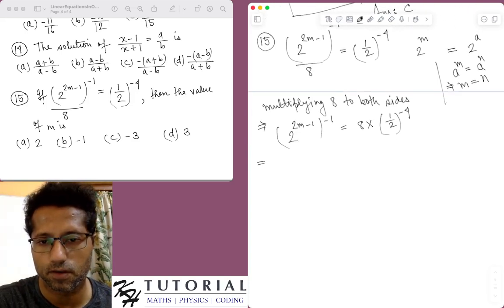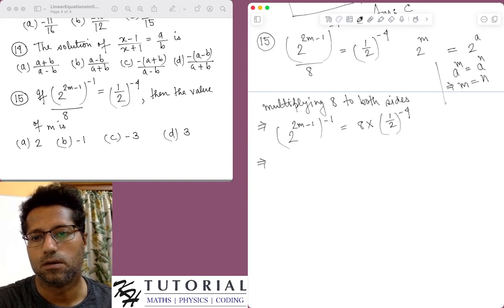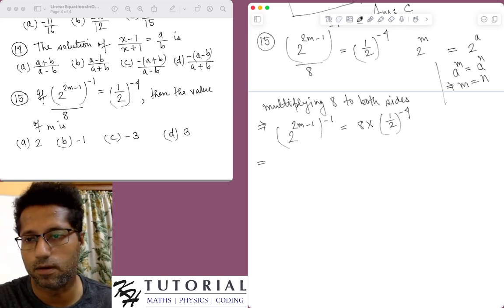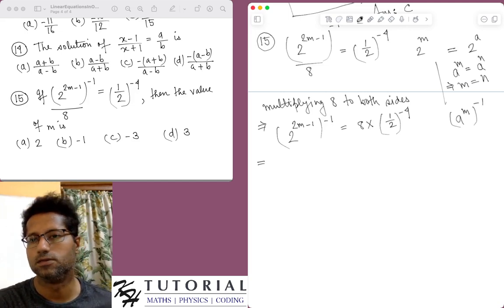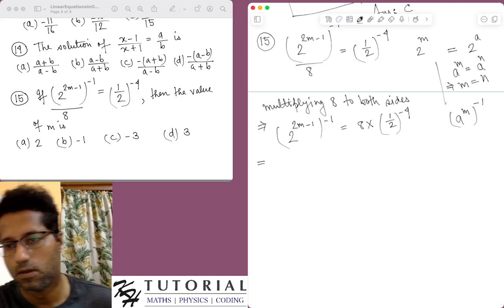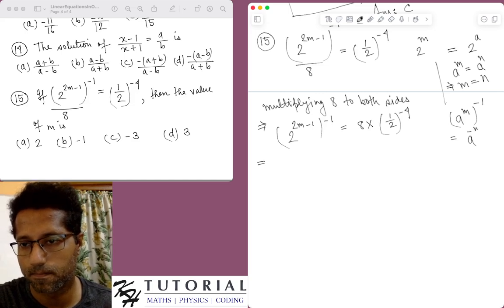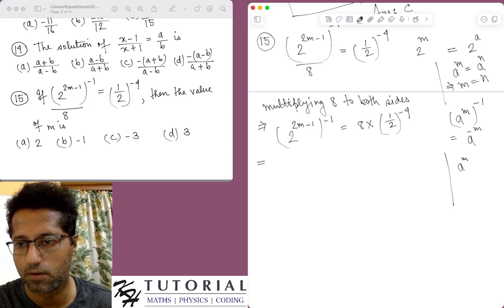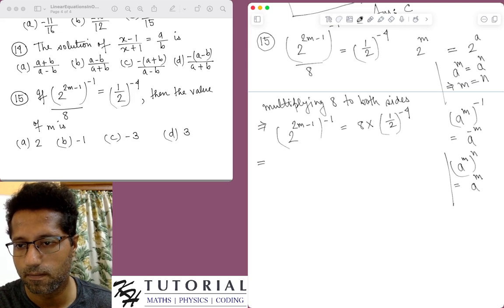Now I know that a to the power m and whole to the power minus 1 is nothing but the reciprocal of 1 by a to the power m, and this equals a to the power minus m, because this comes from the fact that a to the power m and whole to the power n equals, we multiply the powers, that is, a to the power m into n.